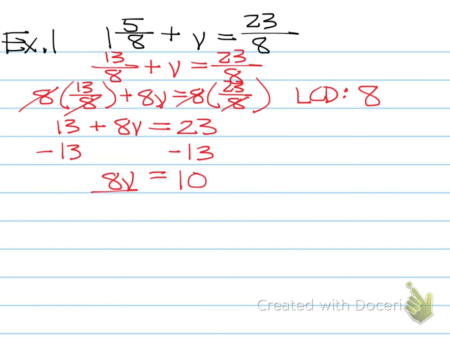All right, and then we divide both sides by 8. 8v divided by 8 is just v. 10 over 8.